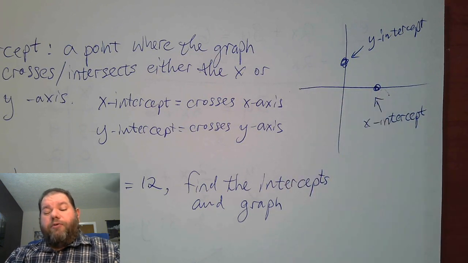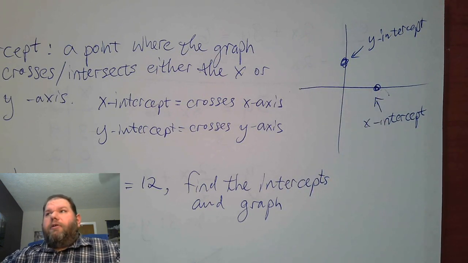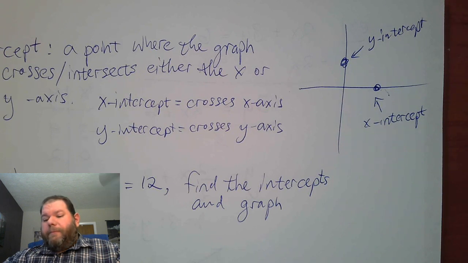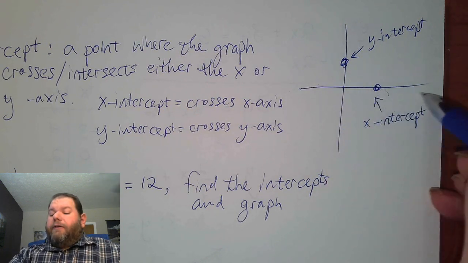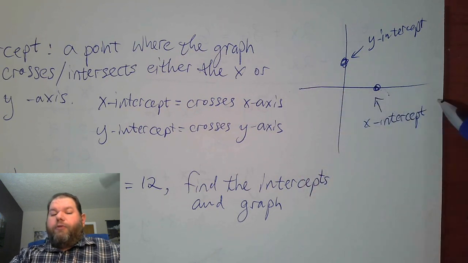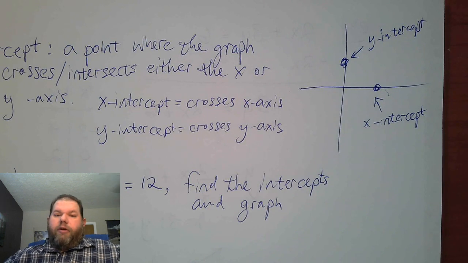But if we look at the coordinate for that x-intercept, what is always true about the y value? So any point that's right on the x-axis, what is true about the y variable, or the y value? 0, good.